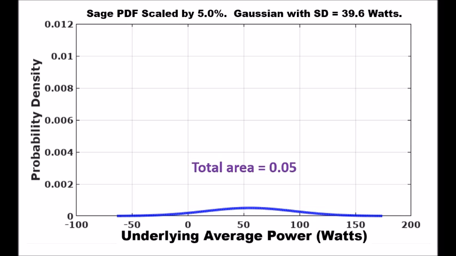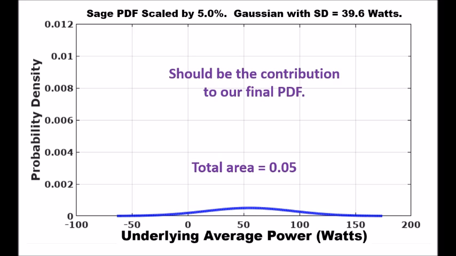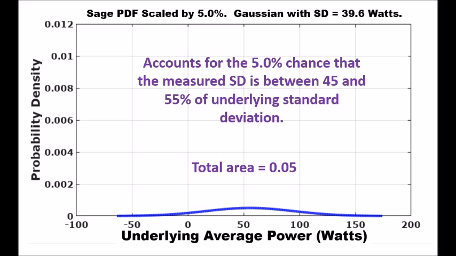Therefore, this PDF should have an area of 0.05. As such, it defines our final PDF for 5% of the overall probability space. This should be the contribution to our final PDF. A contribution that accounts for the 5% possibility that our measured standard deviation is between 45 and 55% of the underlying standard deviation. Can you predict what I'm going to do next? It's a really great sign if you can start completing my sentences for me.